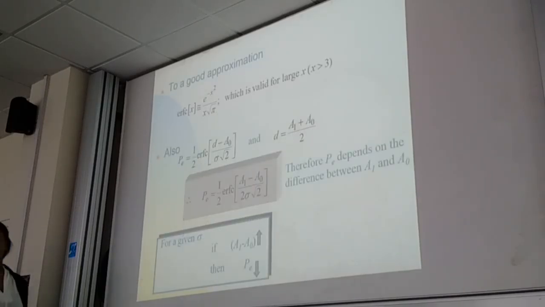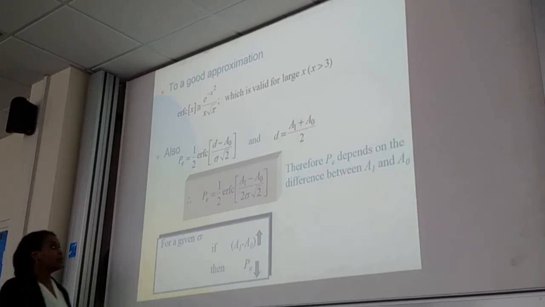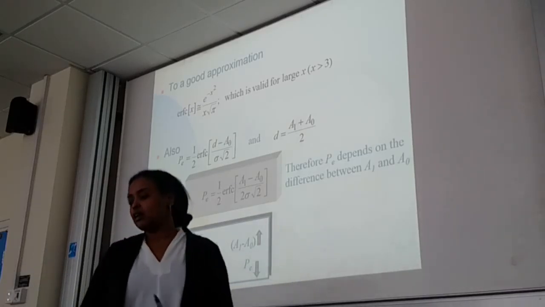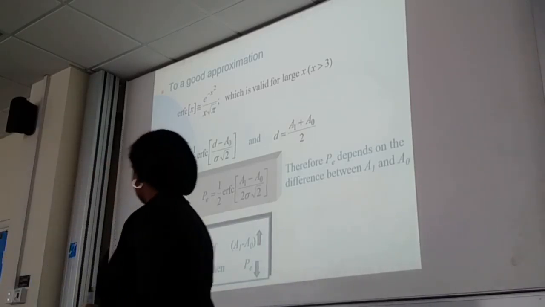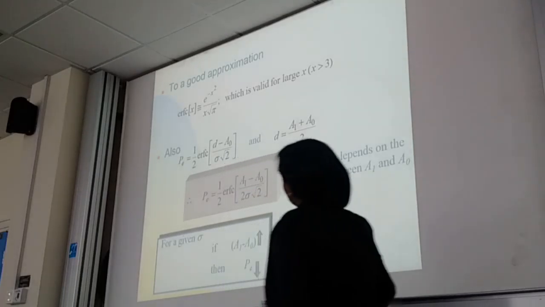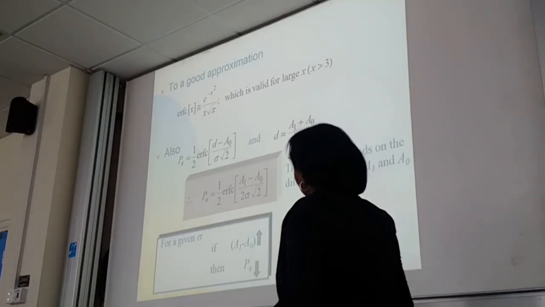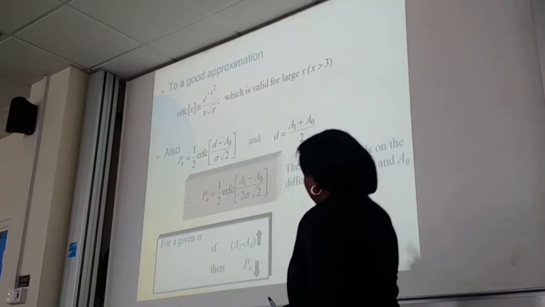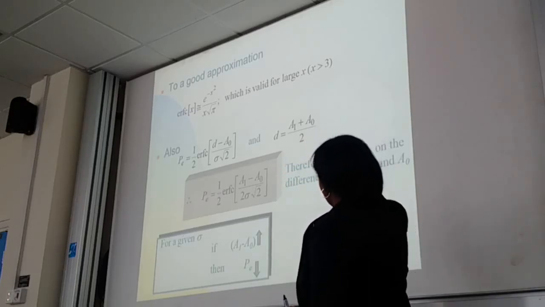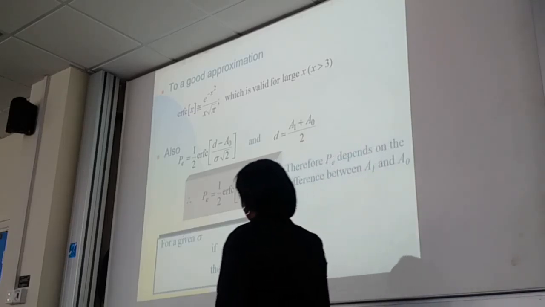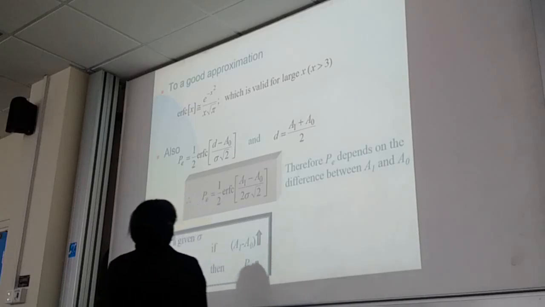A good approximation of the complementary error function is what you can see here. The complementary error function of x is approximately e to the power minus x squared over x root pi. And this approximation is valid for all x greater than 3, which is true for us here.